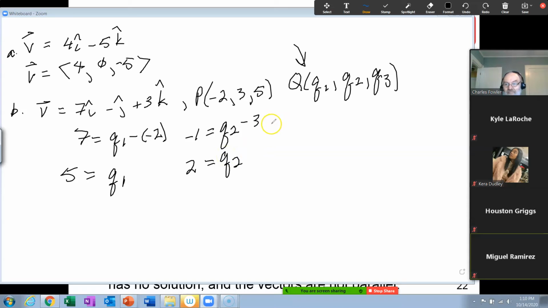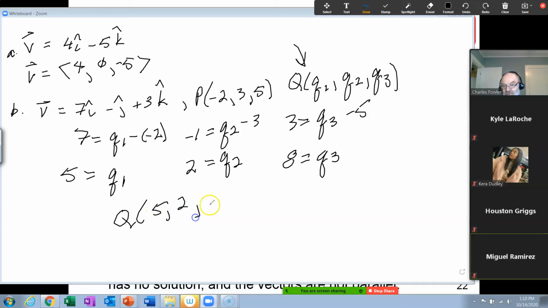Okay? And we would know that 3, the component here, would be Q3 minus 5. Add 5 to both sides and you get 8 is equal to Q3. So the terminal point Q would have to be 5, 2, 8.